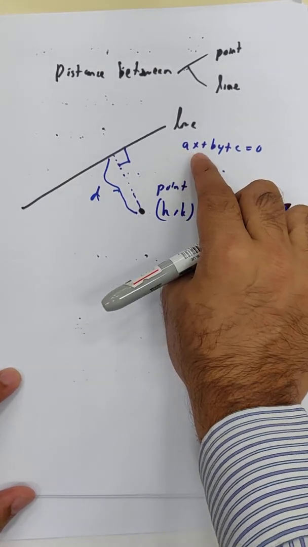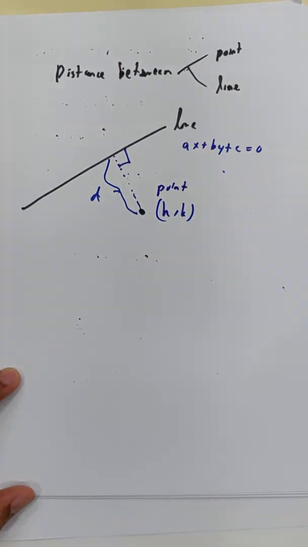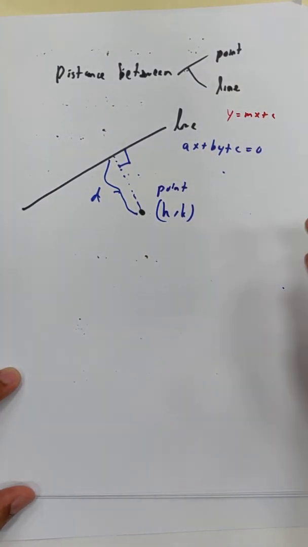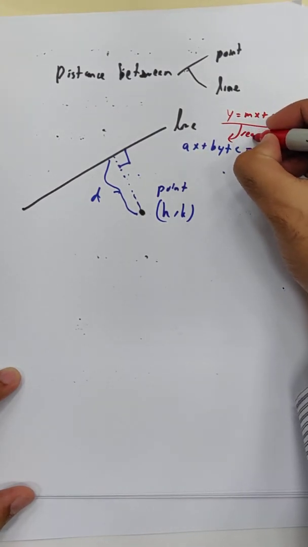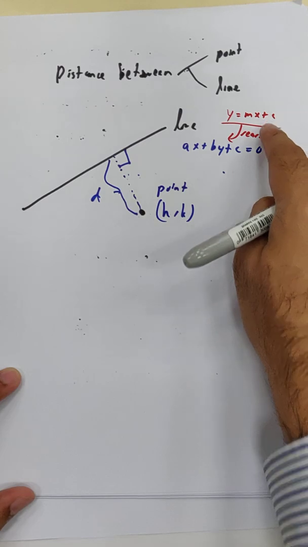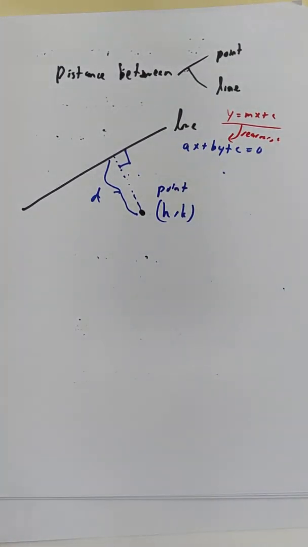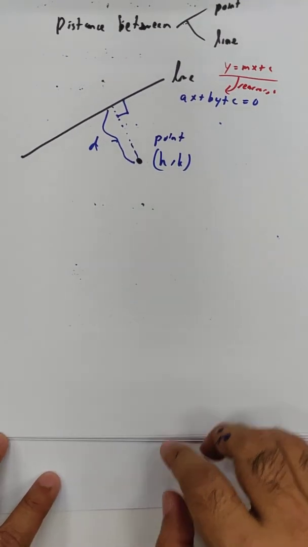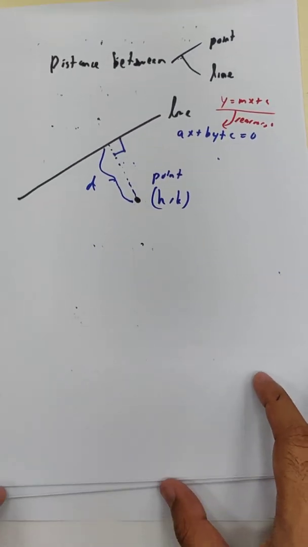So if you got yourself y equals to mx plus c, which is normally what you'll be given, you need to rearrange into this form. Understand? I want it in here, then only you can use them. And the formula, if I want to find the distance between point and line, will be this.